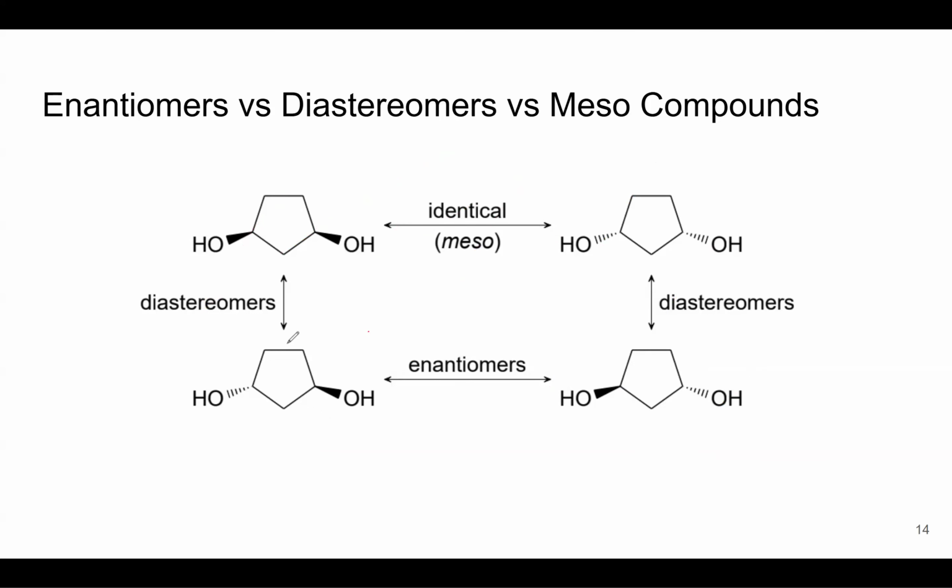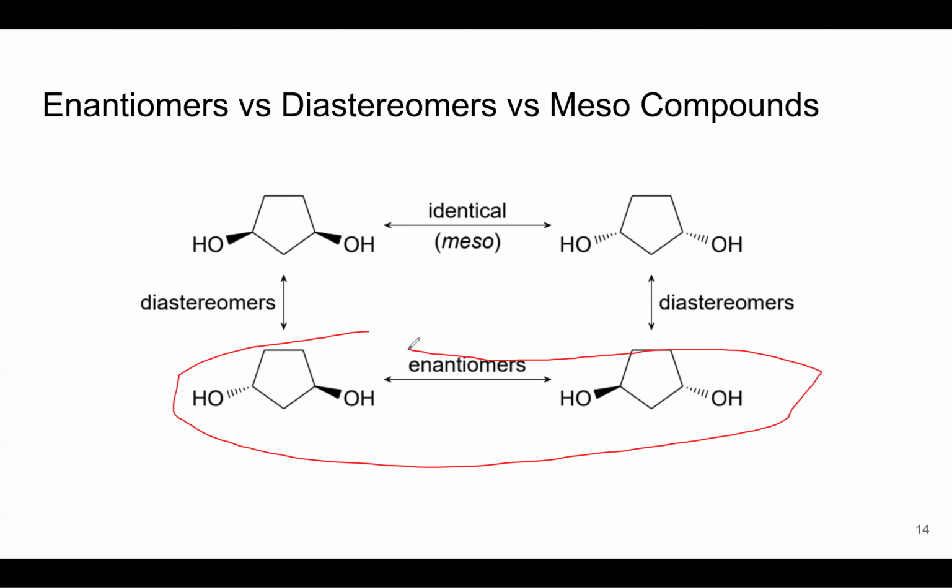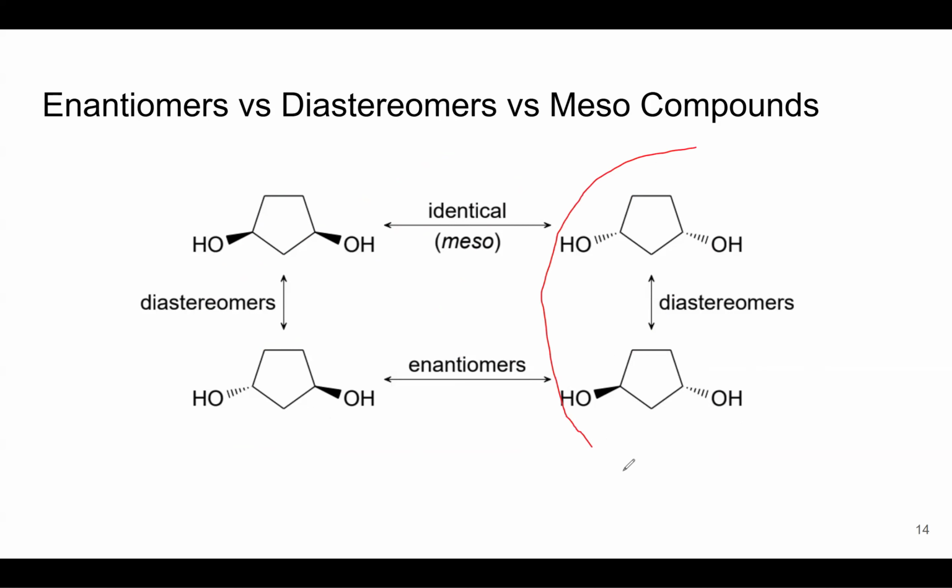You must have a pair of molecules before you can call them enantiomers, and before you can call them diastereomers. So diastereomers and enantiomers are relationships, while meso compounds are an identity.